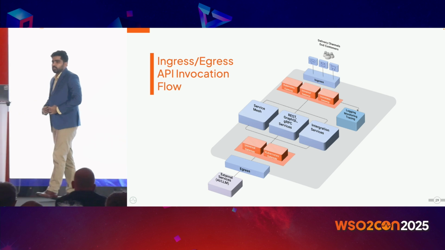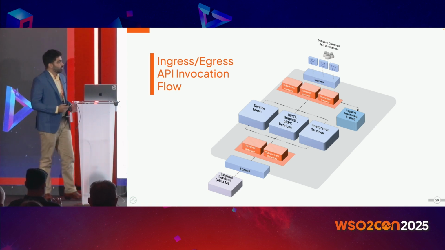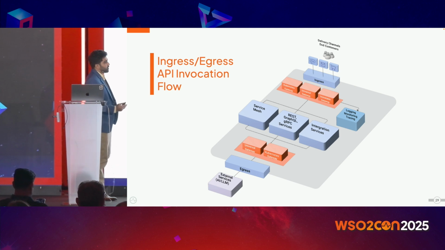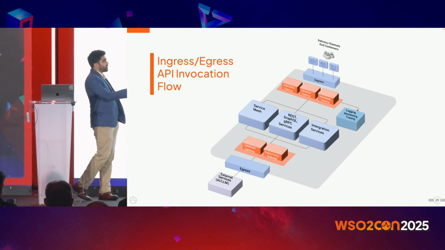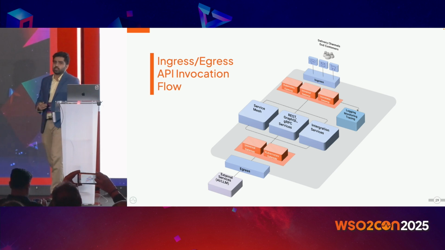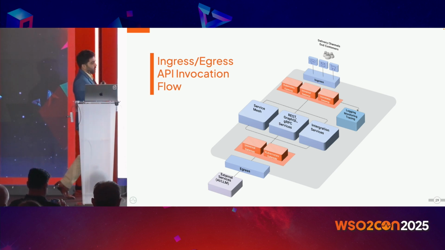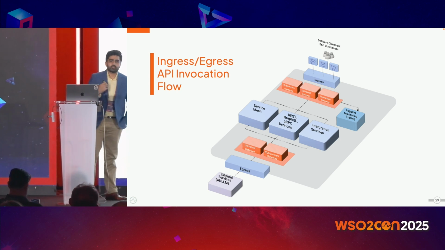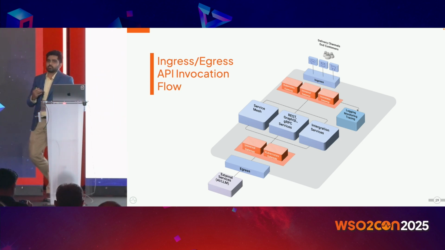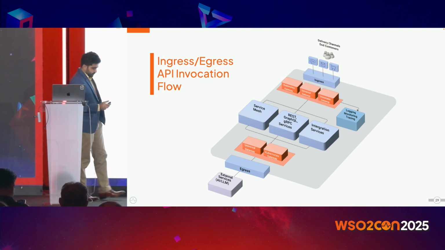I think Sanjeeva previously spoke about a unified control plane, right? Our idea is that this control plane should have both ingress APIs and egress APIs, and ensure that all these APIs are working exactly how you expect them to. There's no leakage of unnecessary information or credentials, and everything is managed properly across the organization.